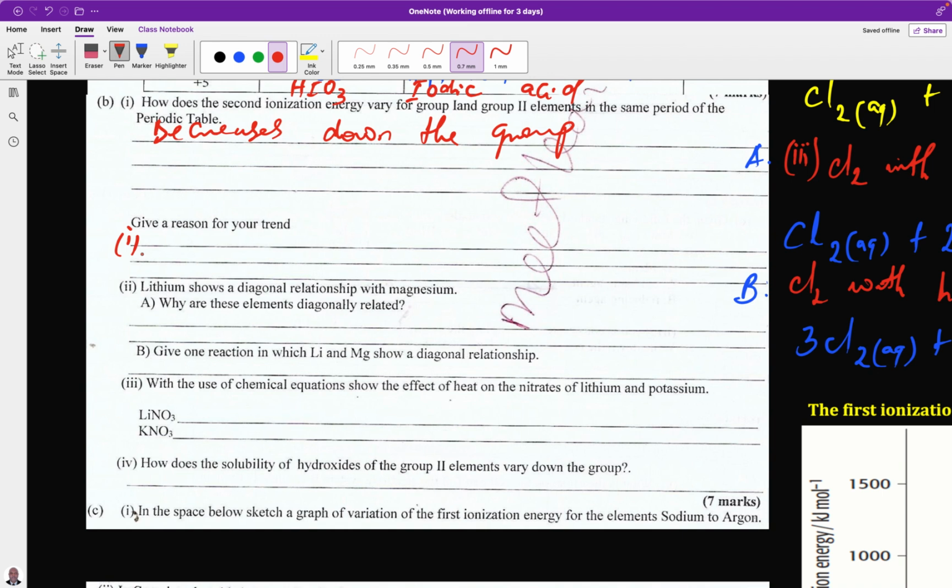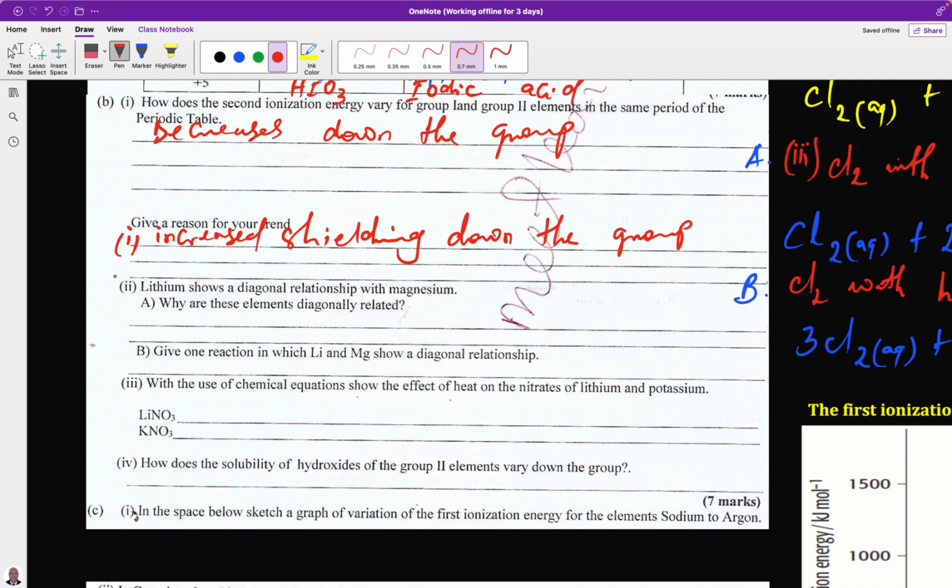So there is increased shielding down the group. That is, electrons are protected from the attraction of the nucleus as you go down the group because of the increasing number of shells.